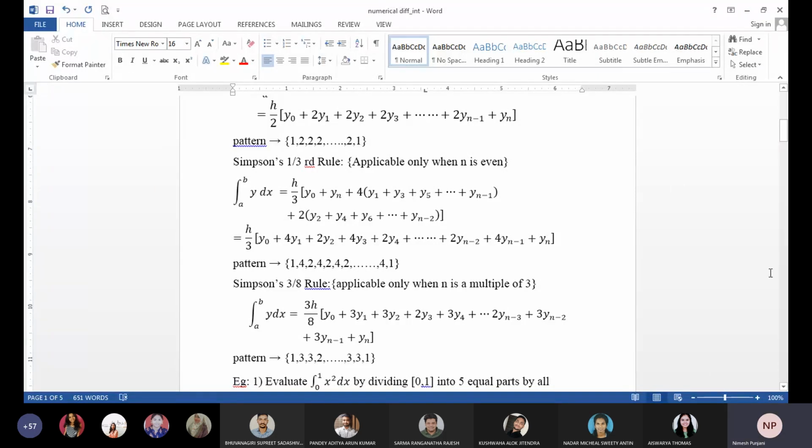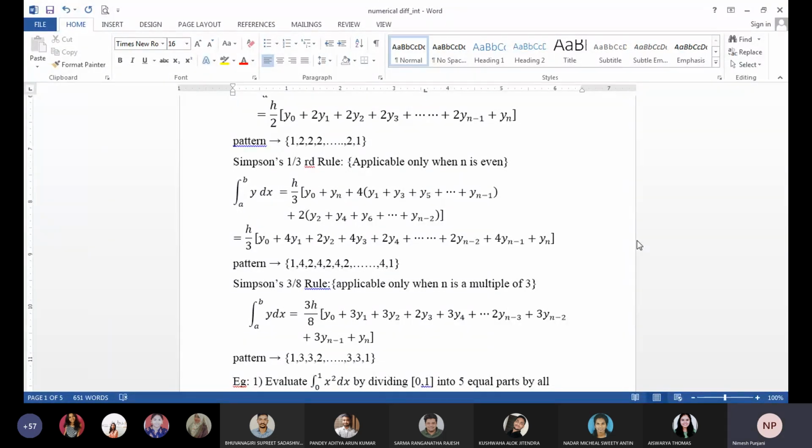If you divide the interval into 4 parts, the number of points will be 5. If you divide into 6 parts, the number of points would be 7.